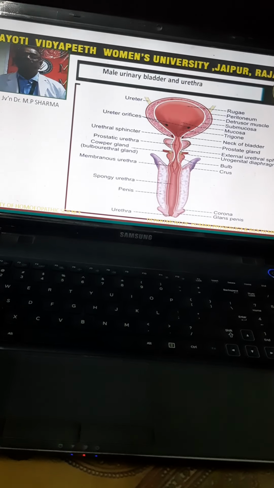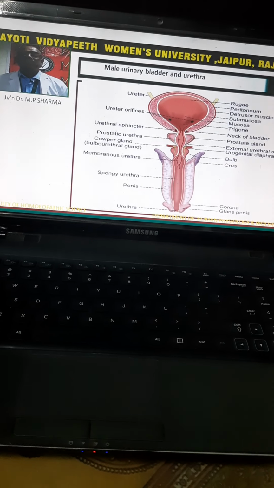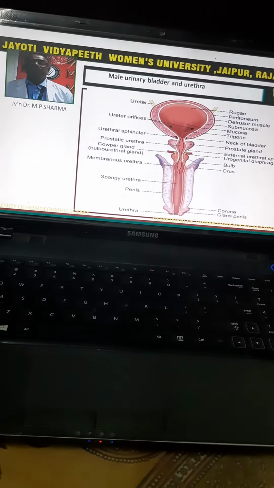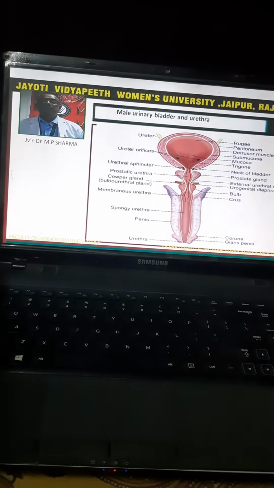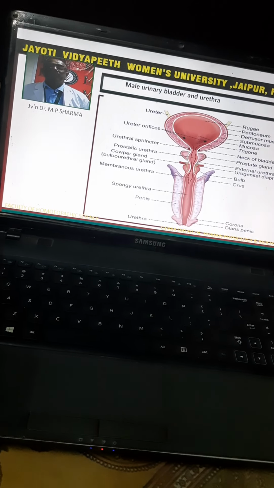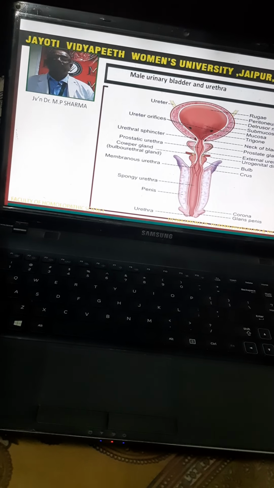See, this is the diagram of the male urinary bladder and urethra. Go through this diagram and you will find all the parts of the male urethra. The ureter is there, ureteric orifice is there, urethral sphincter is there, spongy urethra is there, trigone is there, neck of bladder, and prostate gland is also seen here.